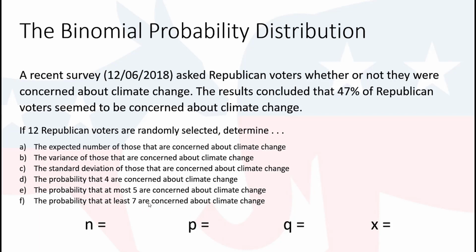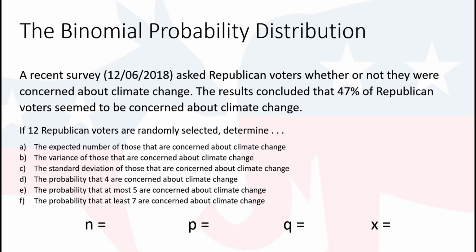At least 7 means 7 or more, or 7, 8, 9, 10, 11, or 12 people would be concerned about climate change. And for this particular problem, we can't go above that 12 because we've only selected 12 Republican voters.